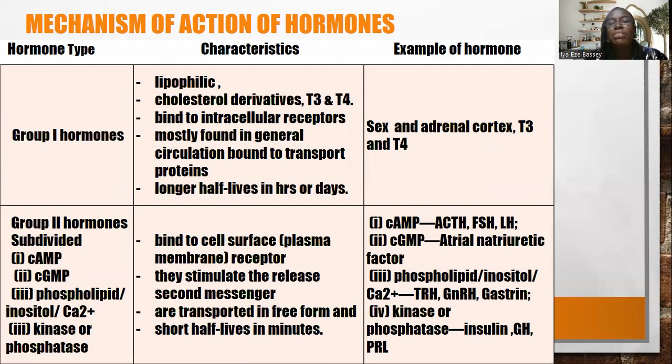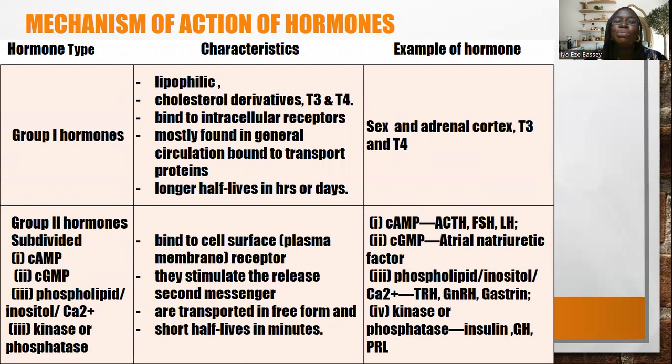They are also derived from cholesterol derivatives, and they could also be T3, T4, which are not cholesterol derivatives. Those are amines. But because T3 and T4 are lipophilic, they belong to this group, amongst other things.